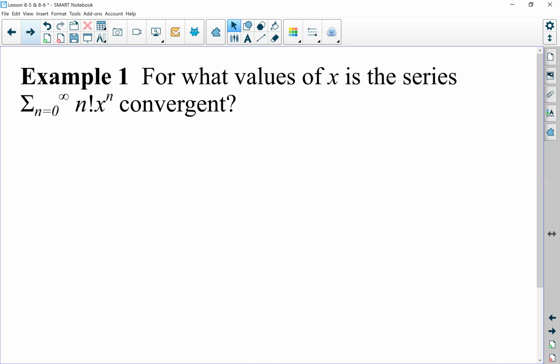And to figure that out, we are going to use the ratio test, which was talked about on Tuesday.